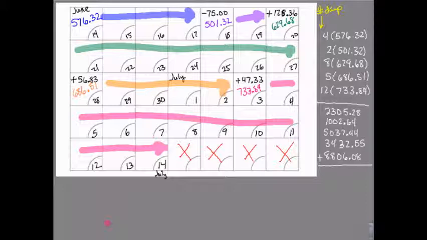Okay. So once I multiplied the number of days times the balance, that's where I got these numbers down here, was this multiplication. Now I'm adding them all together.